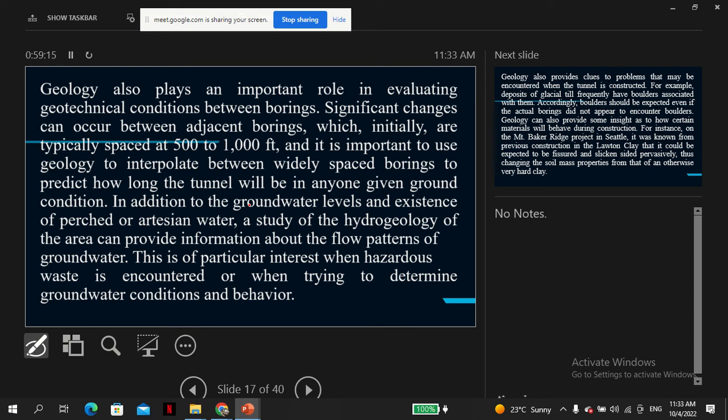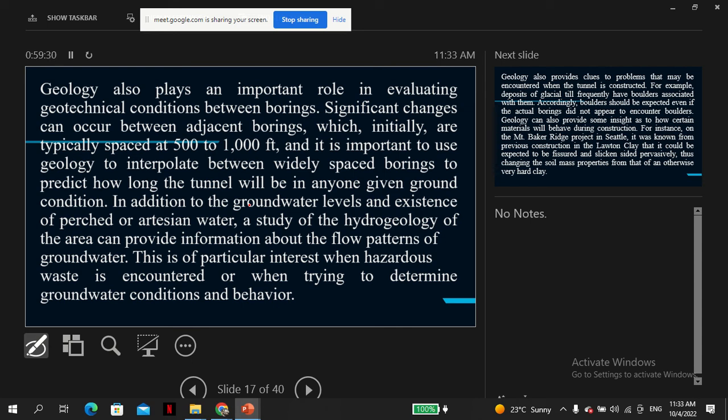In addition to the ground levels and existence of perched or artesian water, a study of the hydrology of the area can provide information about the flow patterns of groundwater.